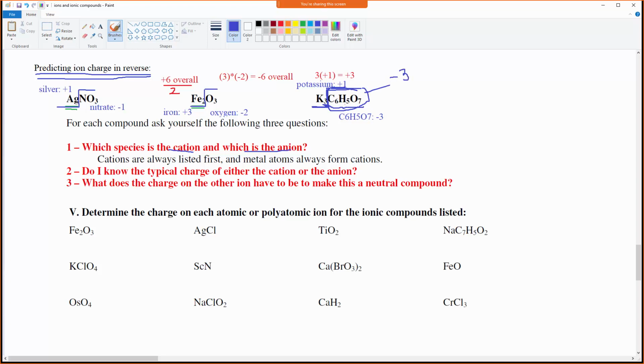And then because we determined there was just one thing, there wasn't more than one that would each have a different charge, then we said that one thing carries the entire -3 charge. So that when you combine the +3 and the -3 overall, it equals 0. That gives me a neutral compound.